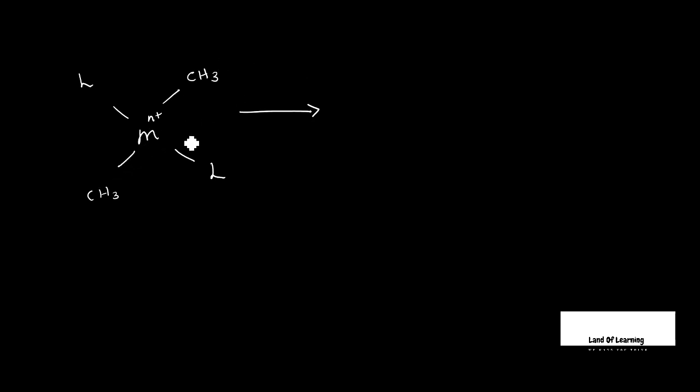Why? Because these two ligands can reorient to the cis form like this. But to undergo reductive elimination, the ligands should be at cis positions to each other. If they are not at cis positions, just like this, then the first step is that they need to reorient into the cis form. Then it can undergo reductive elimination.